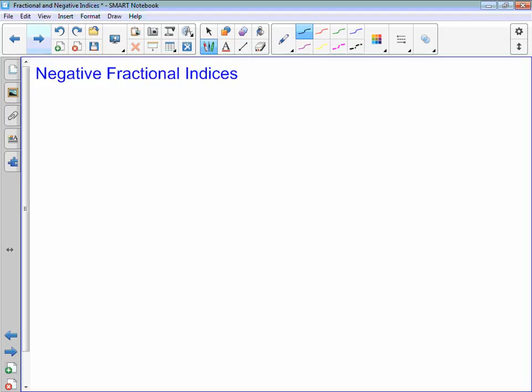You may get negative fractional indices, and these work in exactly the same way. In general, if I've got y to the power -m over n, the negative part tells us it's 1 over y to the power of m over n.